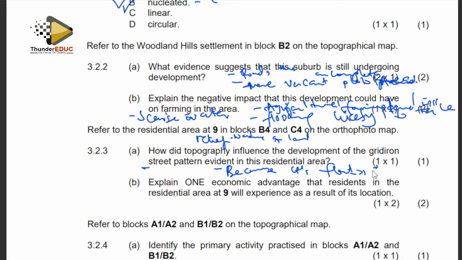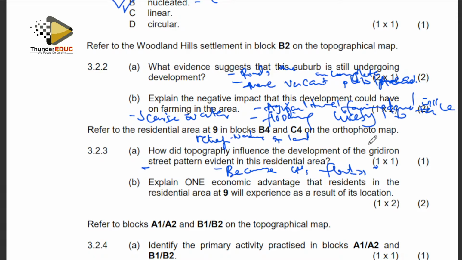Being flat, it is easy for the streets to be properly constructed. Remember, for the grid street pattern to take place, the gradient must be flat, so that you can have one way going this side, one way coming this other side, or two ways going and coming back. So you can easily construct the junctions within the road because of the nature of the land, which is flat.